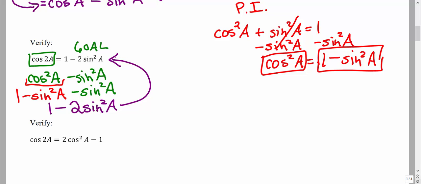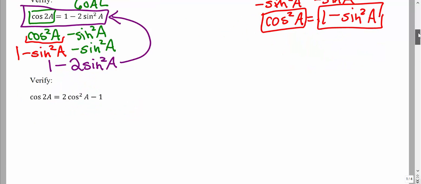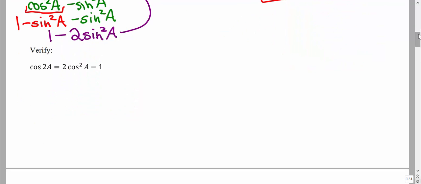So using the previous result for cosine 2A, we can do a Pythagorean replacement, and we can show that cosine of 2A is also equal to 1 minus 2 times sine squared A. So this is another identity that we want to be able to either derive or have memorized for that double angle identity for cosine.